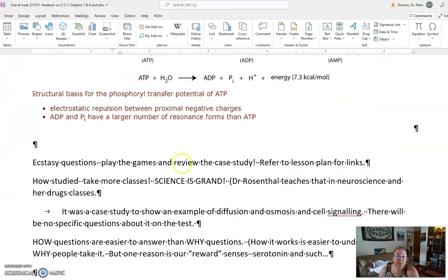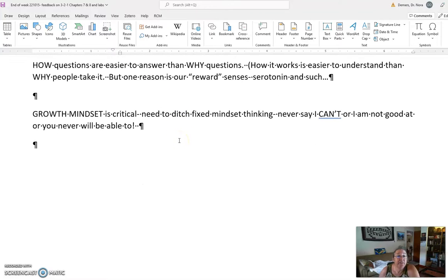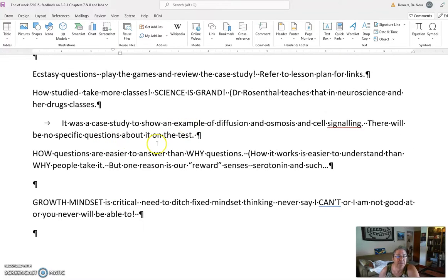Okay, some of you had questions about ecstasy. Play the games, go to the lesson plan, hit the links. It's super fun. Again, fun is what you learn, right? A lot of you asked how, and some of you asked why. What is the mechanism that does it, which is also how, but why is more than that.